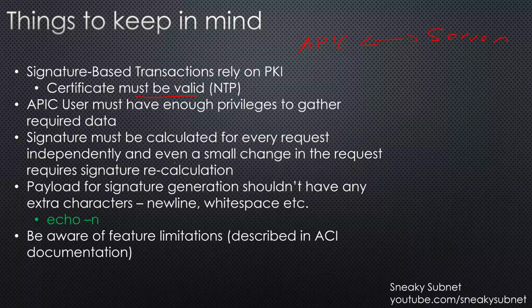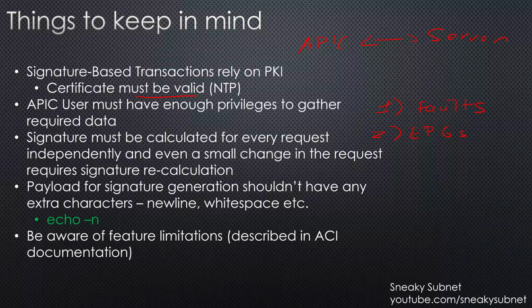Next, your signature must be calculated for every request independently, and even a small change in the request requires signature recalculation. So if you want to gather all faults from APIC, you will have to calculate the signature for this request independently. If you want to get all EPGs from your APIC, it will be a different request, and hence you will have to calculate the signature for this request again independently.